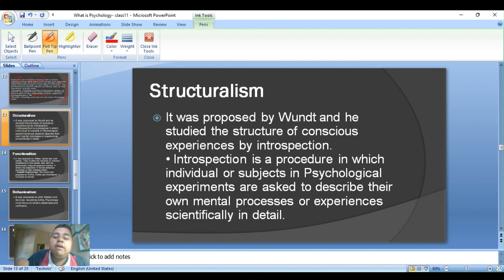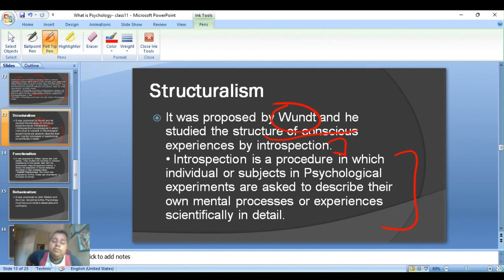Structuralism. It was proposed by Wundt, and he studied the structure of conscious experience by introspection. Introspection is a procedure in which individual subjects in psychological experiments are asked to describe their own mental processes or experiences scientifically in detail. Structuralism क्या करता है? William Wundt ने बनाया था, and he studied the structure of conscious experience by introspection.